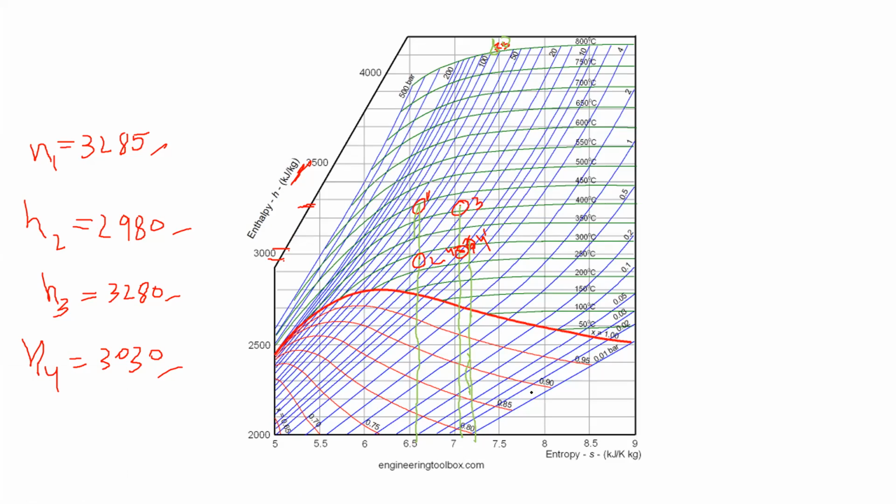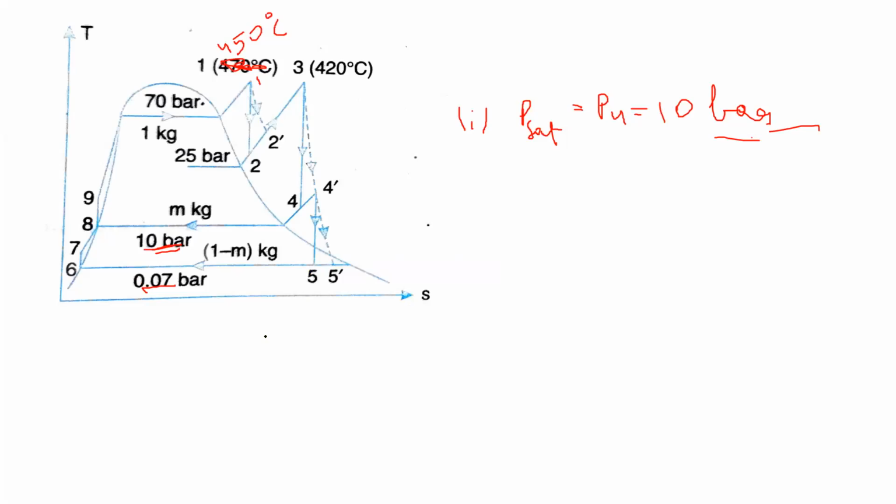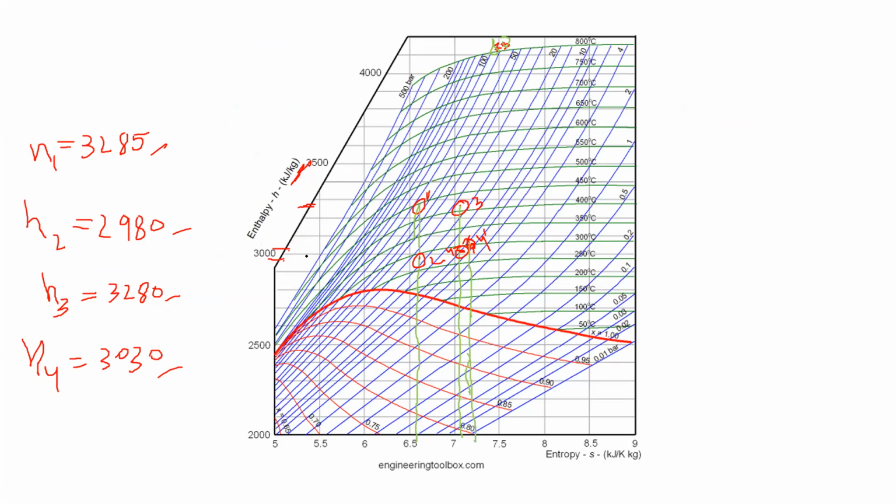Okay, this may be your line. And the pressure at the end of the expansion is 0.07 bar. At the end of the expansion, which happens in the low pressure turbine, it is 0.07 bar. For this, I have to take the value of enthalpy at the fifth state at 0.07 bar.